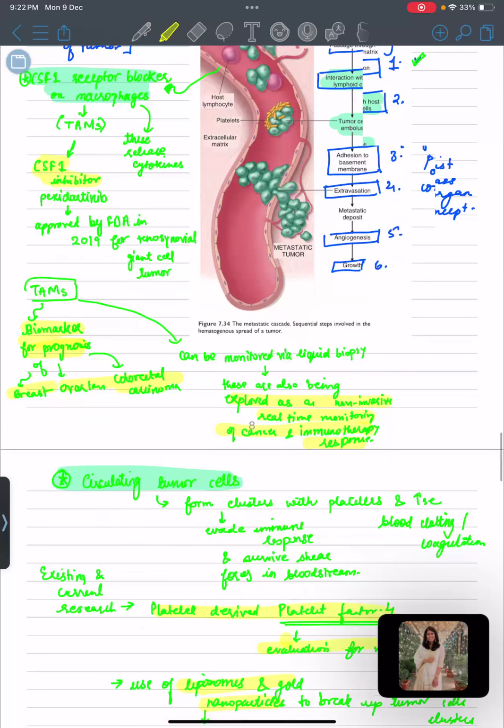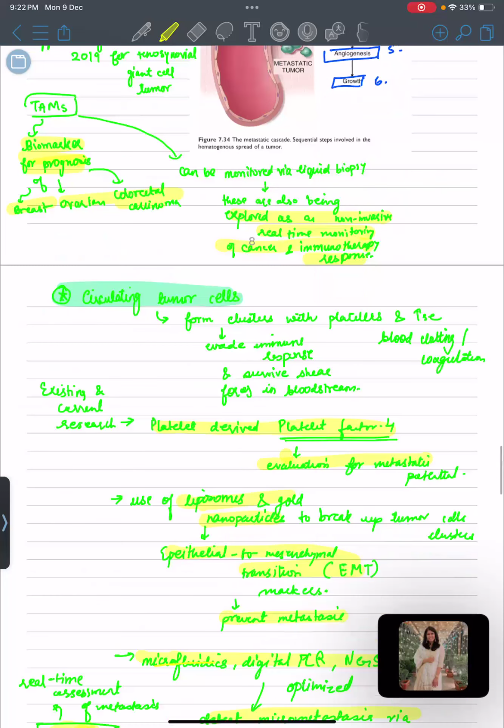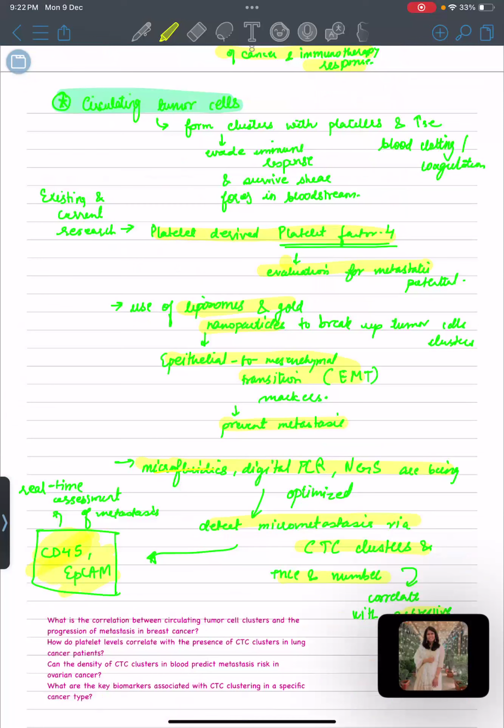Then another topic is circulating tumor cells, when we talked about the clumping of the cells with platelets. This is another step that has been under research and is a potential area for targeted therapy.